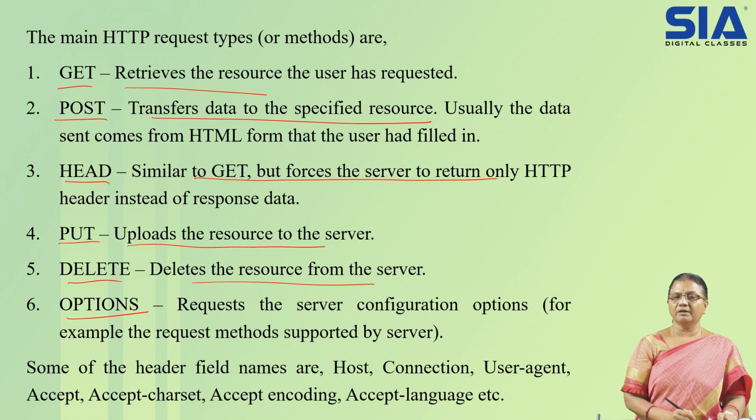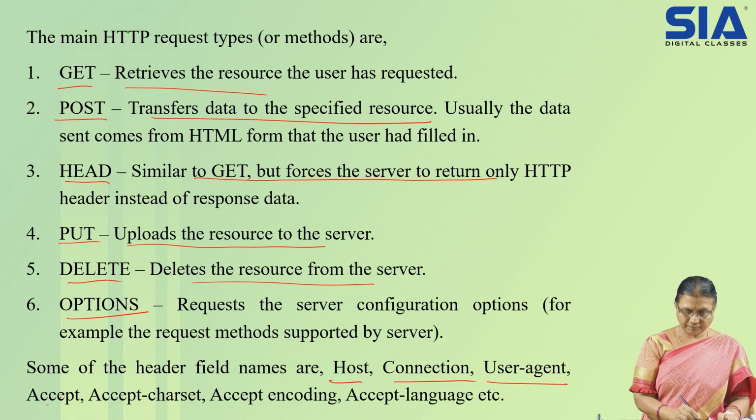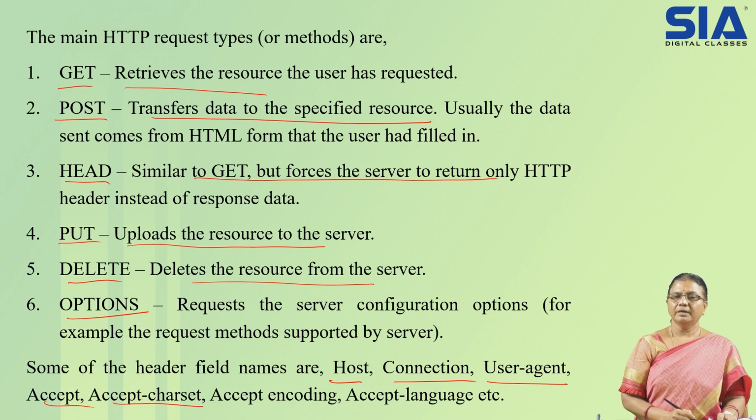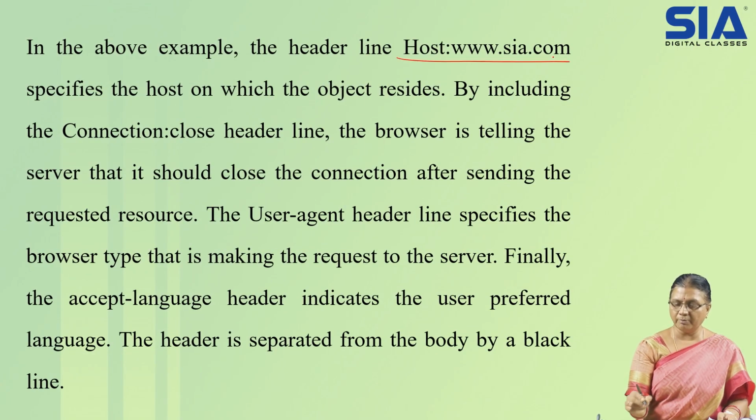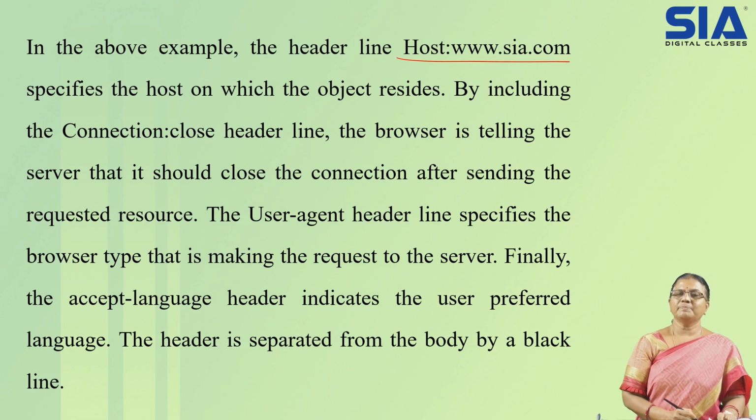Some of the header field names are Host, Connection, User-Agent, Accept-Charset, Accept-Encoding, and Accept-Language. These are the words which are used. In the above example, the header lines we have already seen: Host www.cr.com specifies the host on which the object resides.